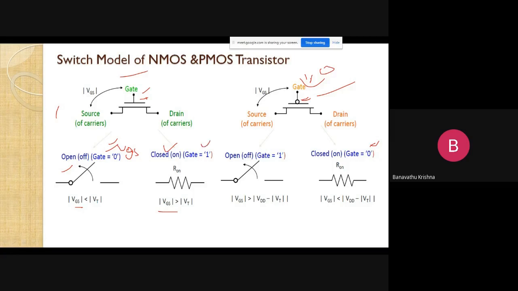Similarly, at gate 1, the N channel is on and the P channel is off. Let us listen carefully. These are the basic off and on conditions of these devices. It is very helpful for making circuit diagrams in the next cases, right?